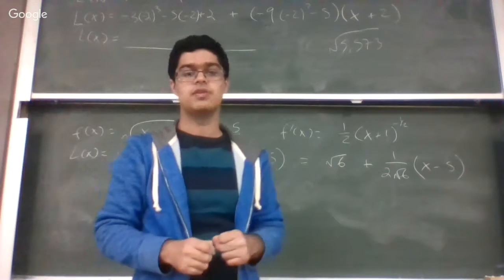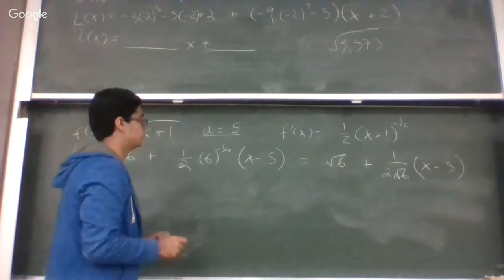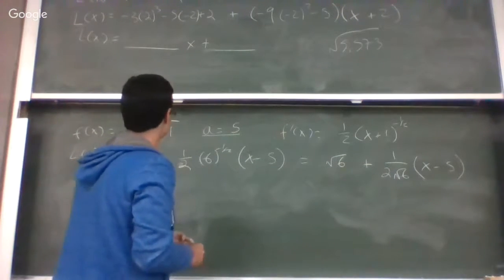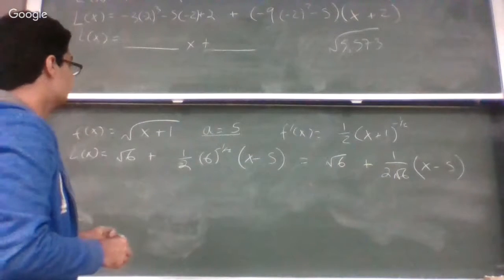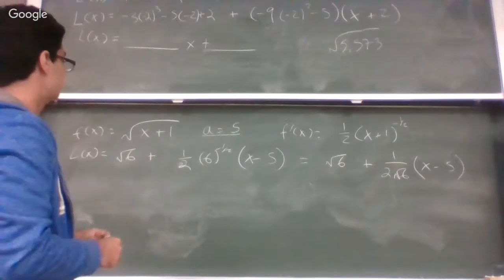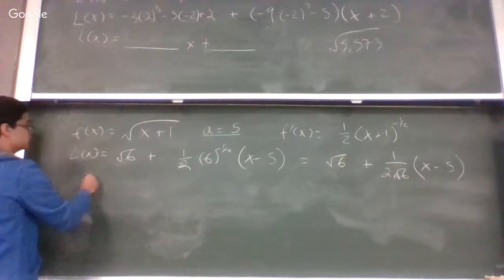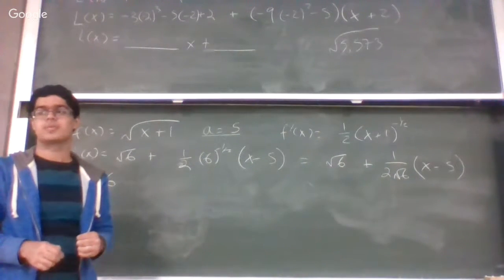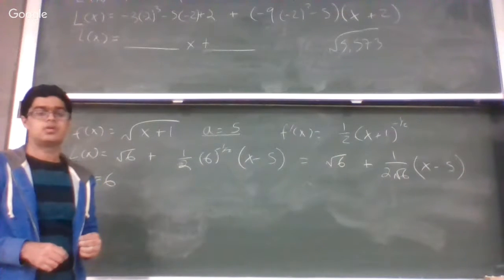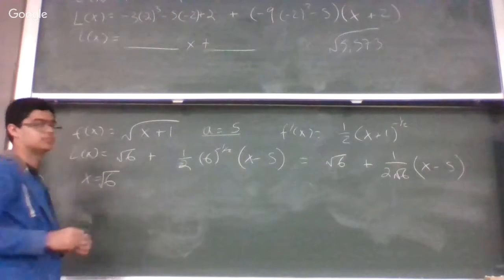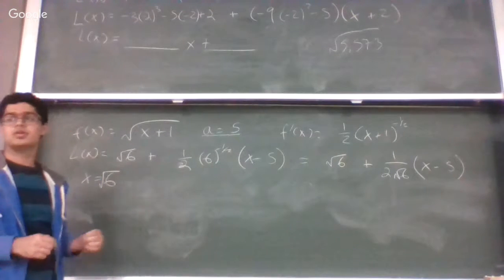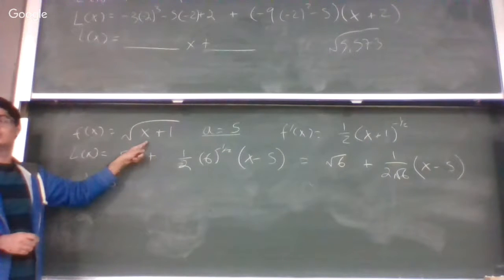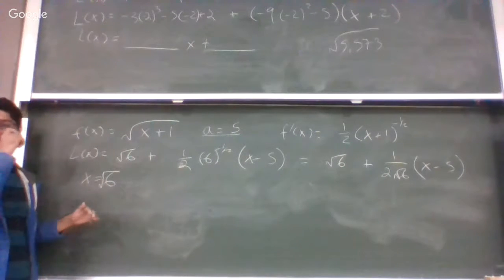So what if we have an x, or let me think. Approximate when x is equal to, sorry, the square root of 6. All right? Can you put that in directly right there? Not really, right? You could, but it's hard.